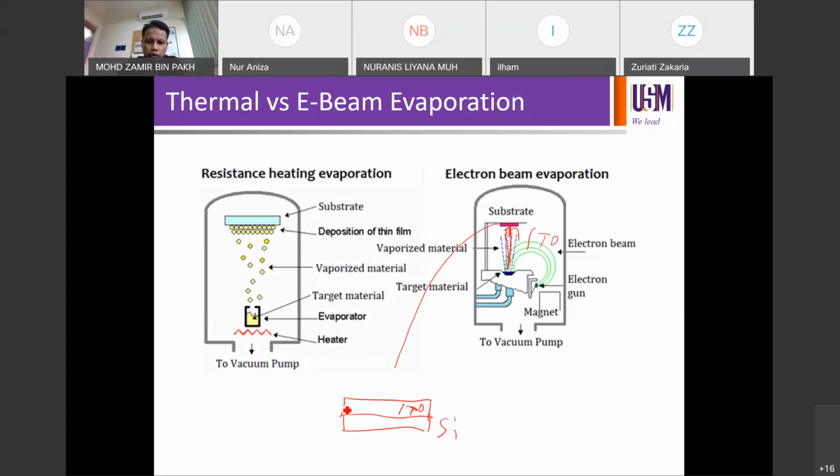So normally we won't have a big problem with the quality or the properties of the ITO deposited on a planar substrate.